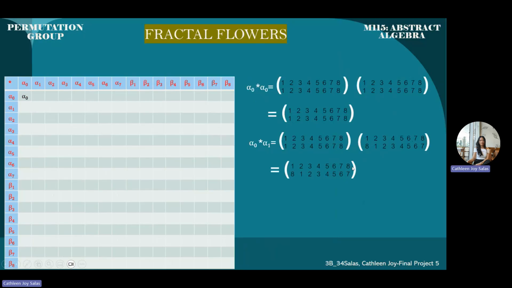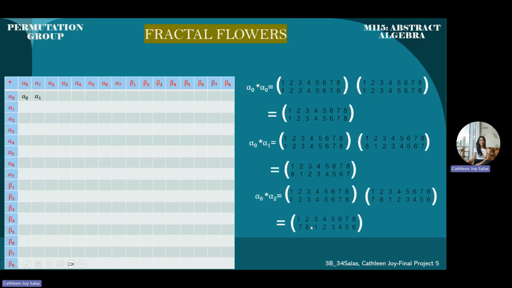product of the permutation. So for a sub 0 multiplied by a sub 1, we have the a sub 1 also. So next, we have here the a sub 0 multiplied by a sub 2. So we have here 1:7, so we will look at the corresponding elements of 7, and the product will be this one.